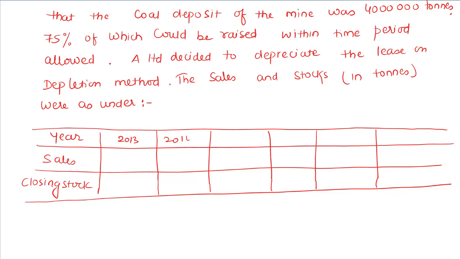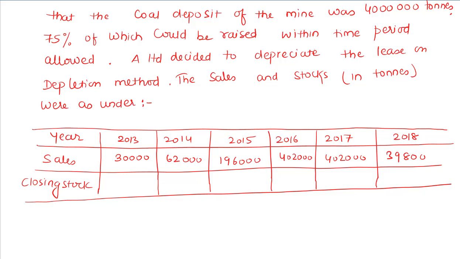Year 2013, 2014, 2015, 2016, 2017 and 2018. Sales are 30,000, 62,000, 1,96,000, 4,02,000 and 3,98,000.